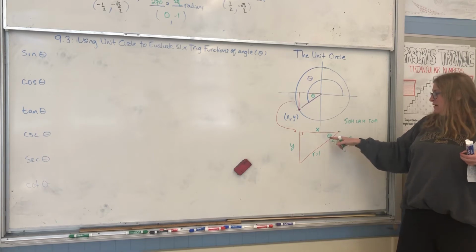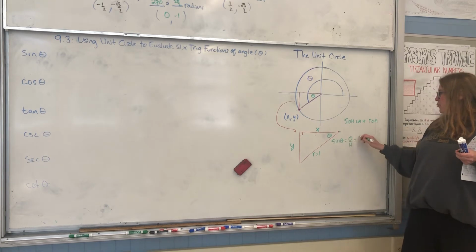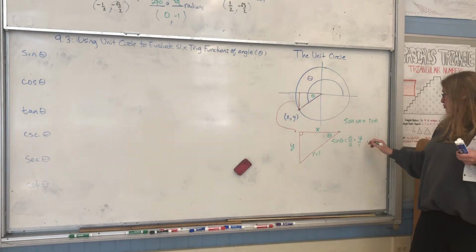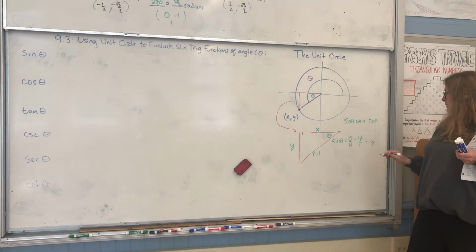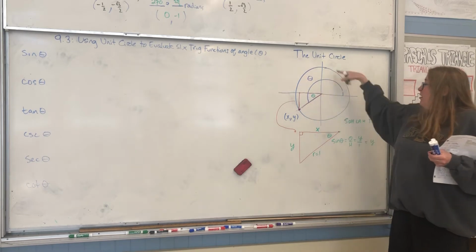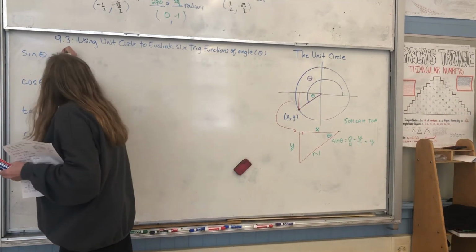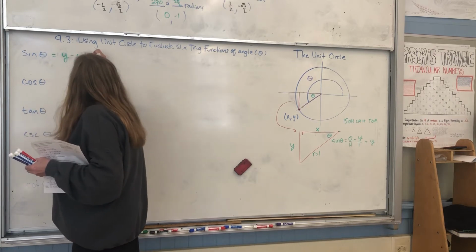So if I look here, this theta, the opposite over the hypotenuse is equal to the y coordinate over 1, which is just equal to y. Right? Now the cool thing is that means any point on this unit circle, I can find the sine of that angle by just identifying the y coordinate.